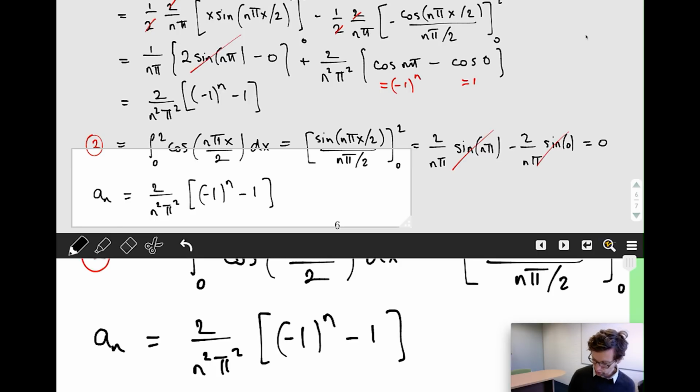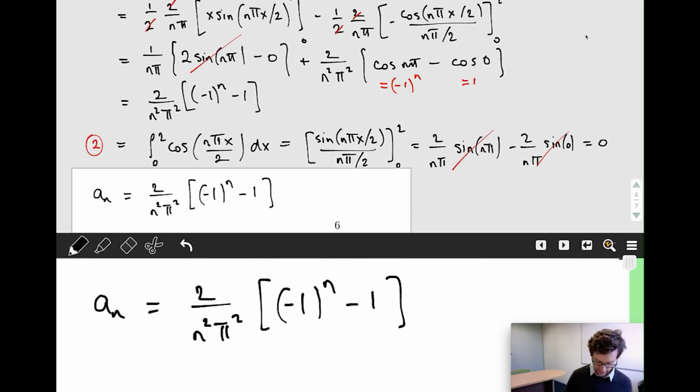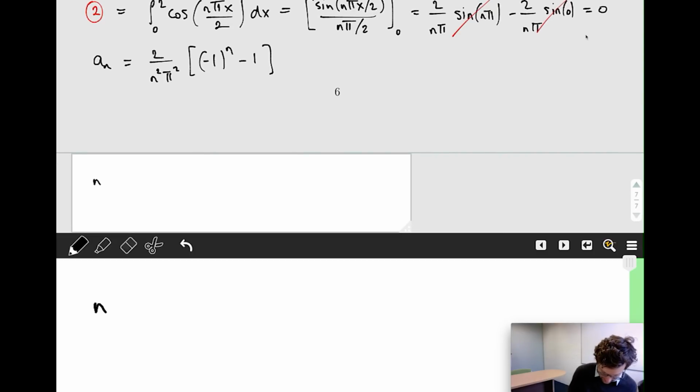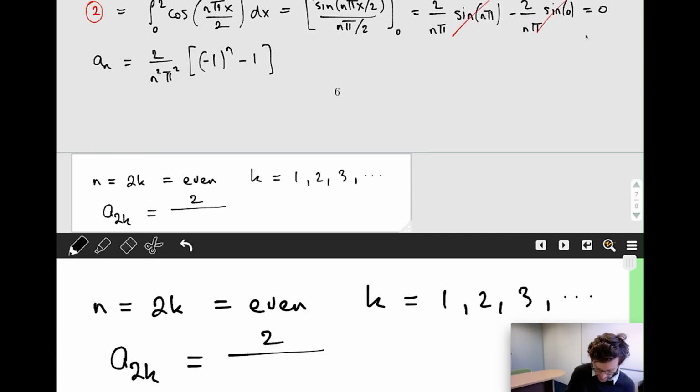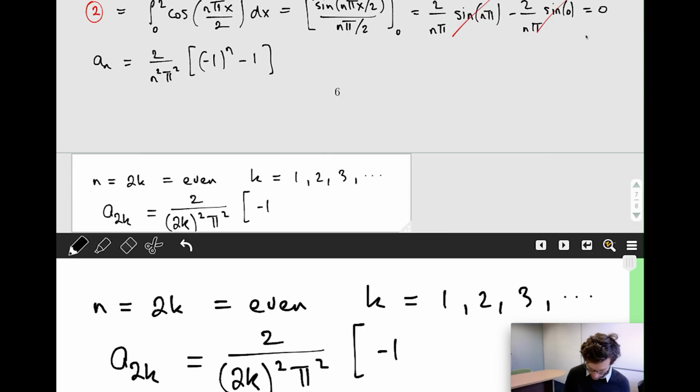So as we saw, we need to look at separately the odd and even cases. So let's look at n is equal to 2k. It's equal to an even number. So k here is equal to 1, 2, 3, and so on. What are the corresponding coefficients? So we have a 2k. Everywhere I see n in that expression above, let's replace it with 2k. I've got minus 1 to the power of an even number is plus 1, minus 1. So all of the even a's are 0.